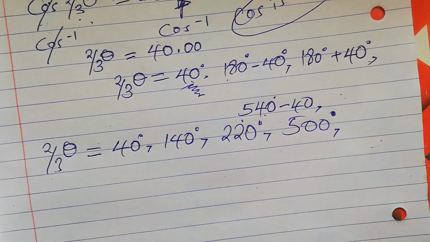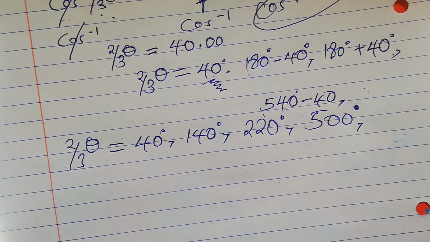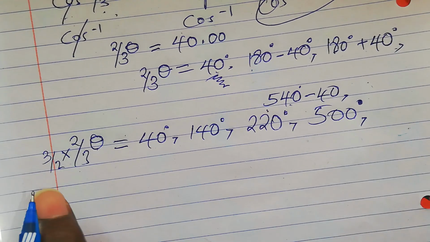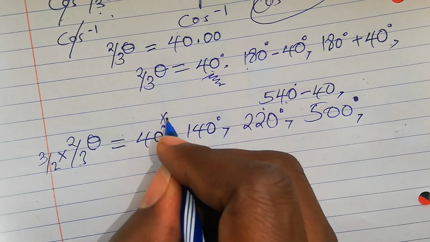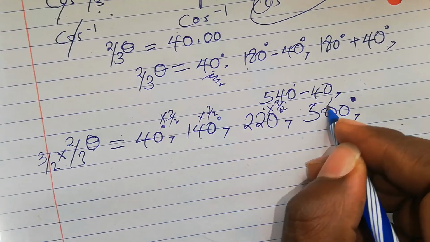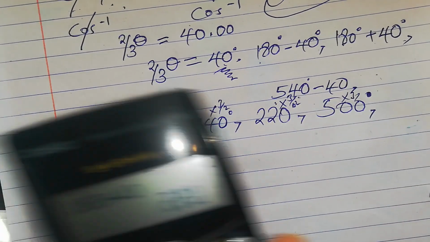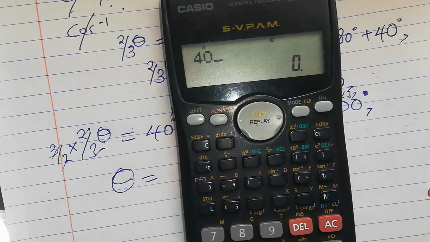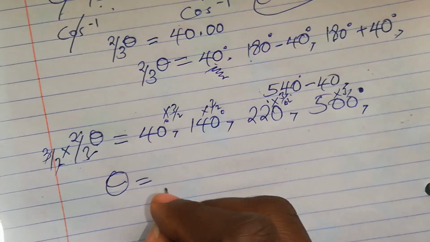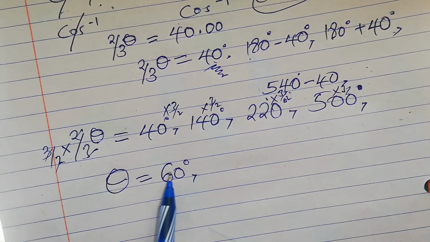I'm trying to predict that we are almost outside the range. So to remain with theta, you multiply by 3/2 across. So we shall have theta is equal to 40 times 3/2. You get 60 degrees.